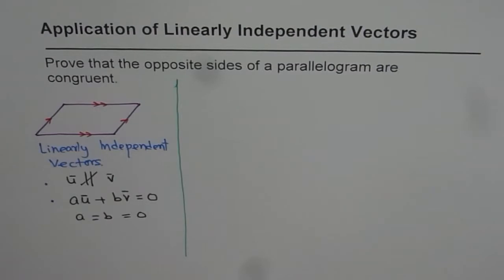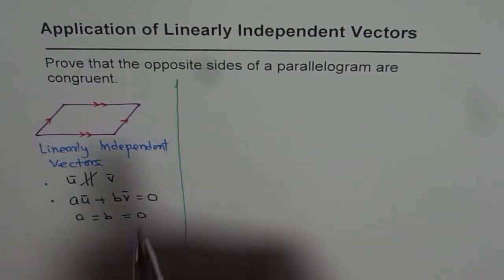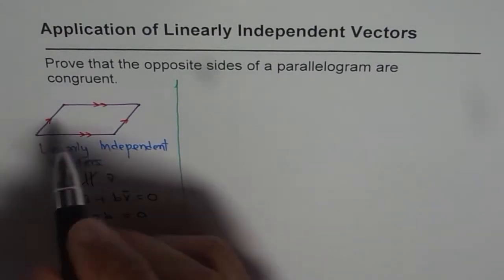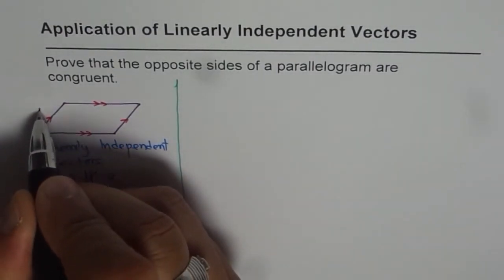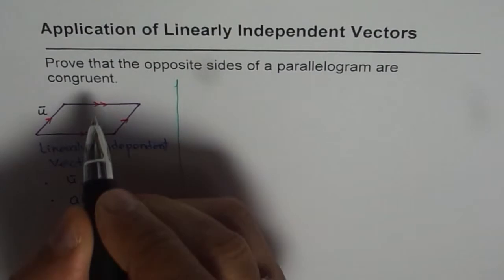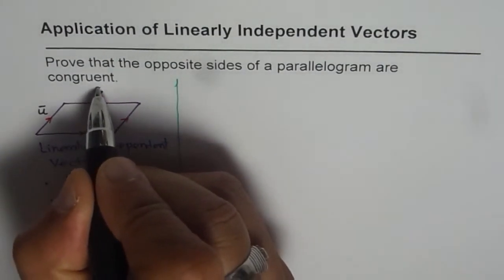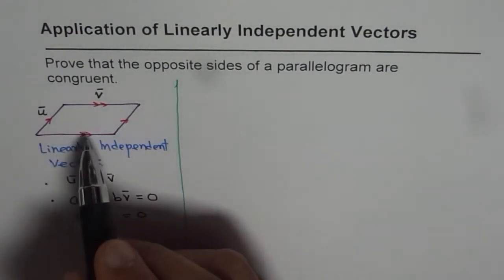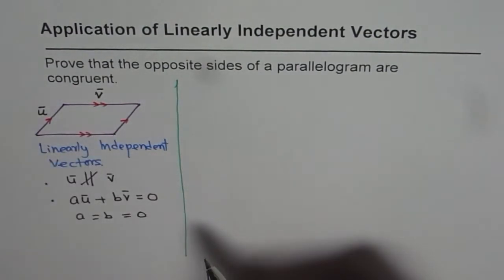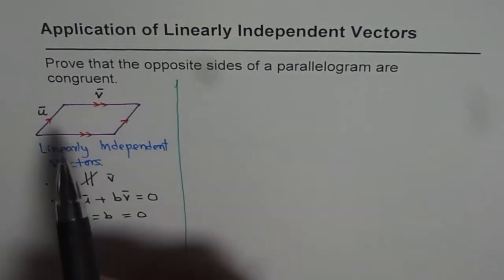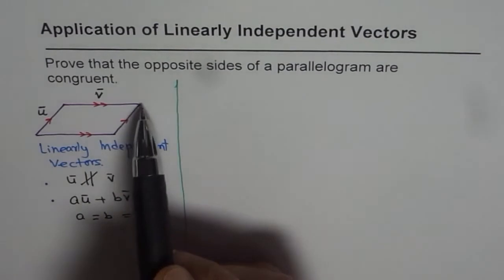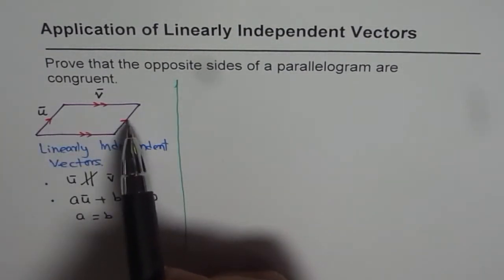Let's see how. Let us say we have the parallelogram side vectors as u and v. So this is my vector u and that is my vector v. Now if I am saying that the opposite sides are not congruent, that means they are scalar multiples since they are parallel, correct?